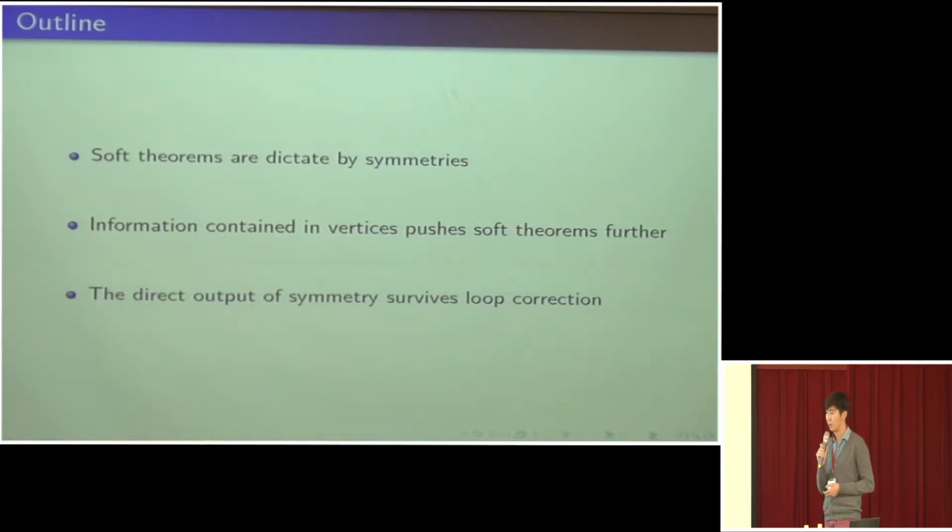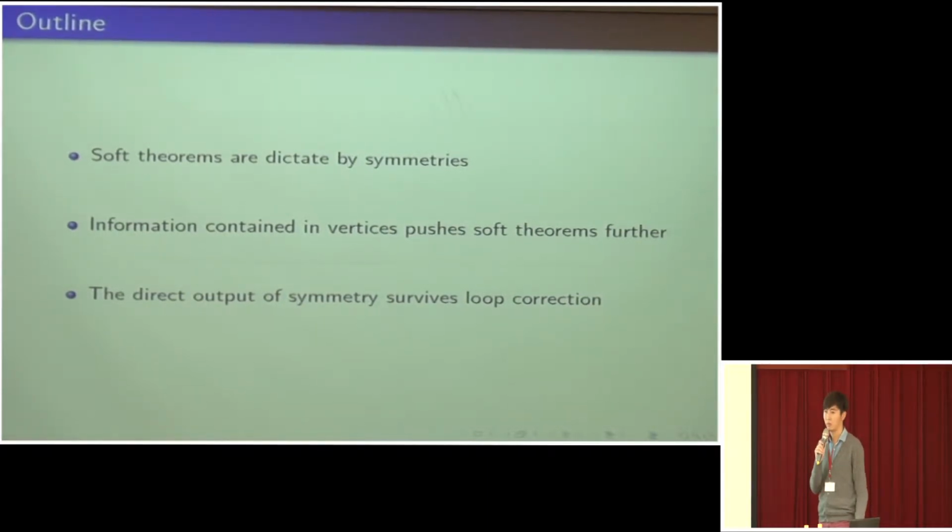Or if we can derive the soft theorem purely using the 3-point or 4-point vertex, then we may have a higher order soft theorem than the soft theorems derived only using the symmetry principle. And the third, the direct output of symmetry will survive the correction.